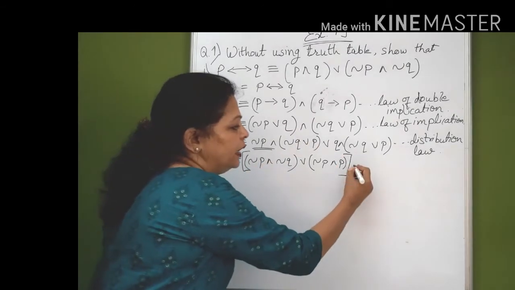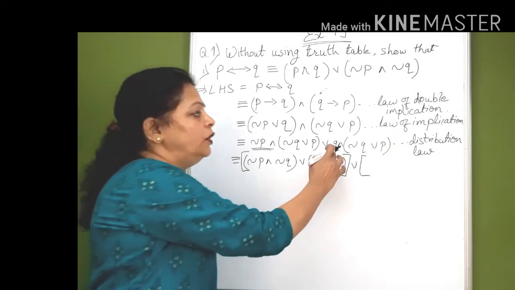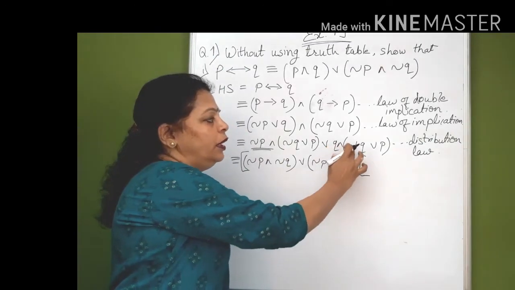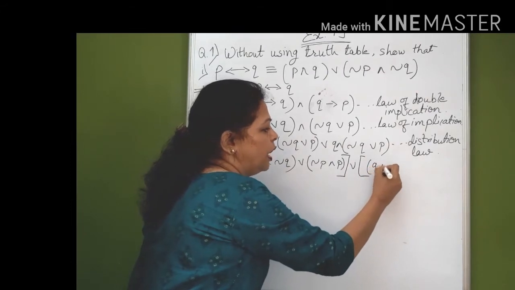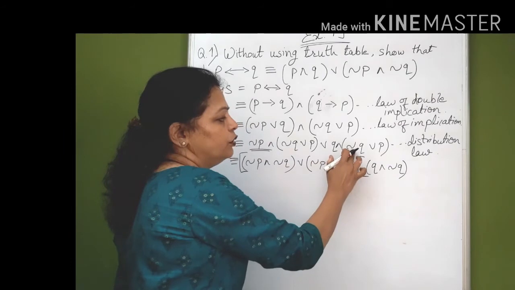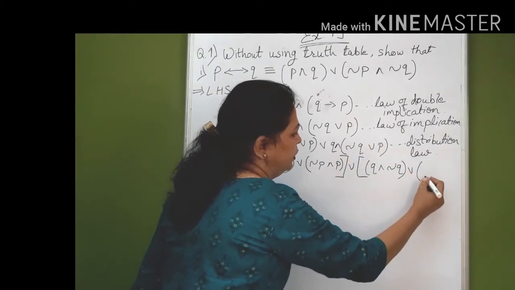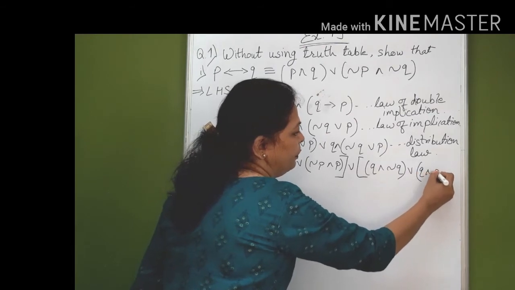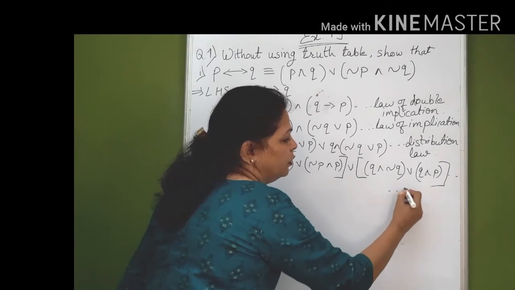Then this middle OR sign into another square bracket: Q and negation Q, OR Q and P. Same law, distributive law.